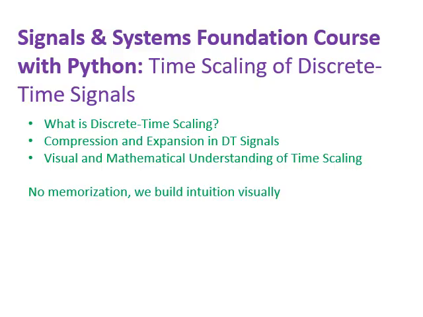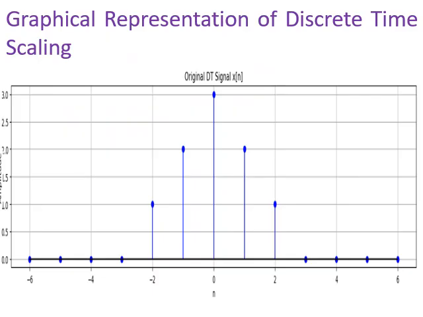So let's straight away start with the graphical representation. So shown here is a signal. Anyone can tell whether it's a continuous time or discrete time signal? So you understand this is a discrete time signal because the independent variable along the x-axis is n and it has integer values. So it has a value of 1 at -2 index, at -1 it has a value of 1, at 0 it has a value of 3, and similarly at +1 it is 2 and at +2 it is 1.